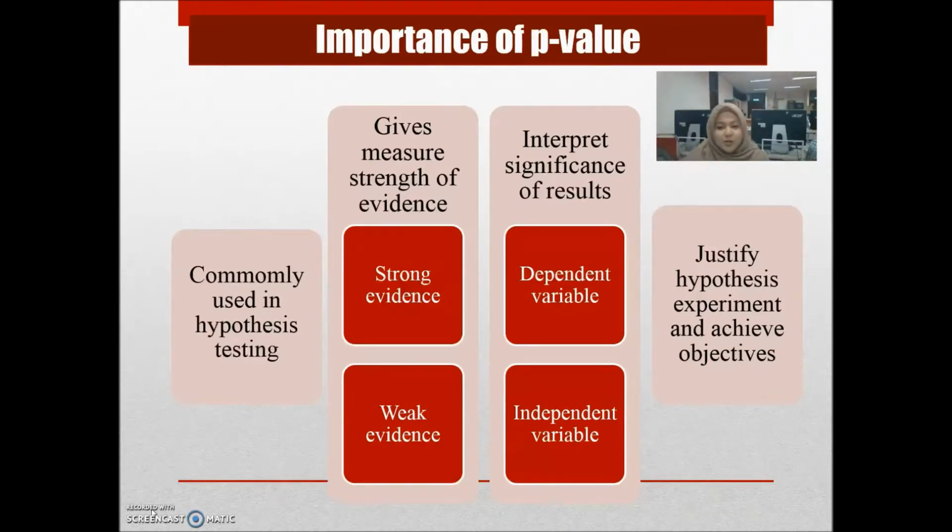Then it is used to interpret the significance of results, whether a comparison between dependent variables or independent variables, or the effect between dependent variables and independent variables. Lastly, it is used to justify the hypotheses of the experiments, and researchers will achieve their main objectives.